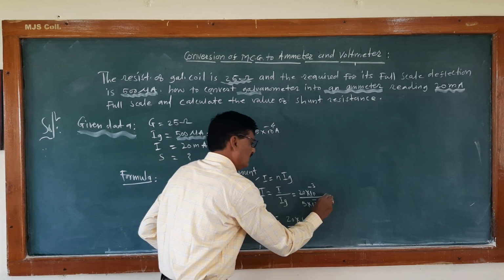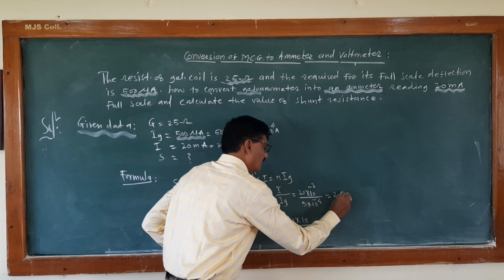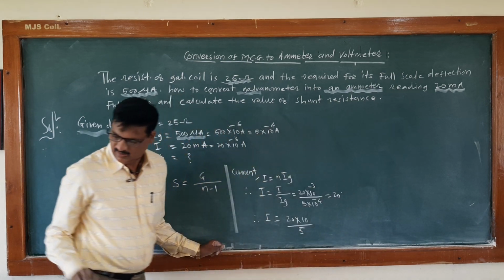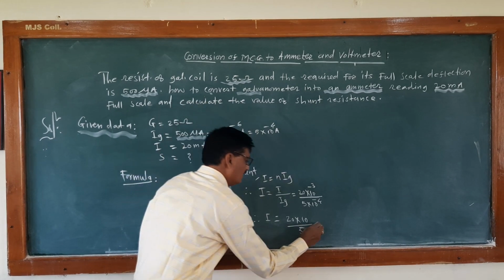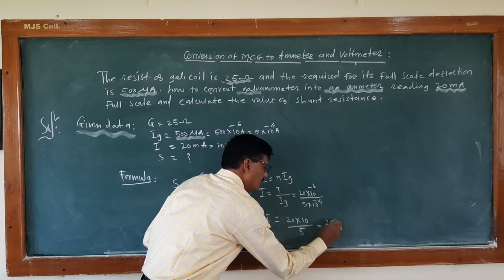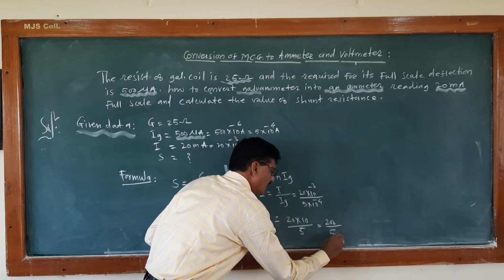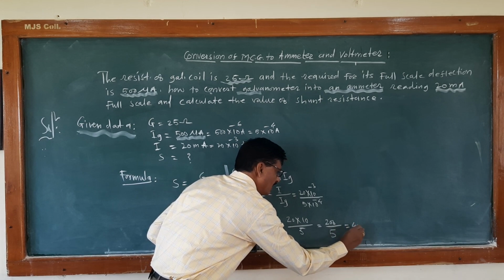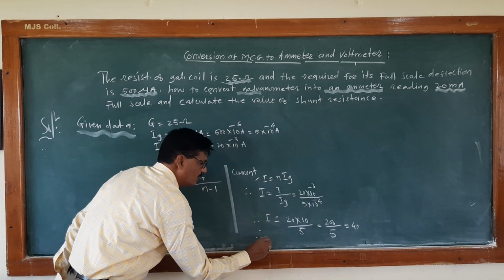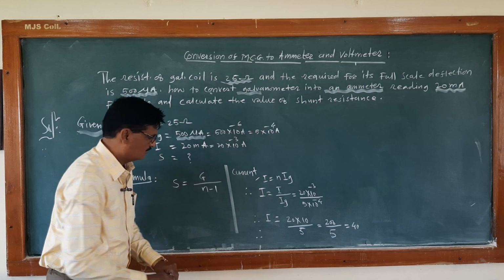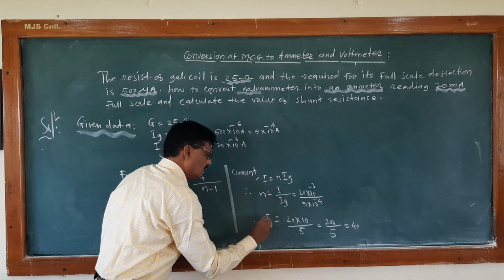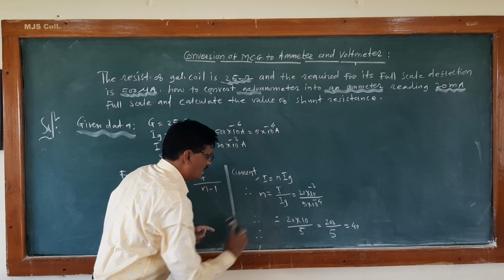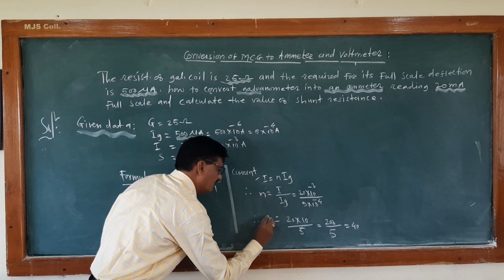Shortly, this is equal to 20 multiplied by 10 whole divided by 5, and therefore this is equal to 200 divided by 5. After calculating this, we get 40. Therefore, the value of n is equal to 40.